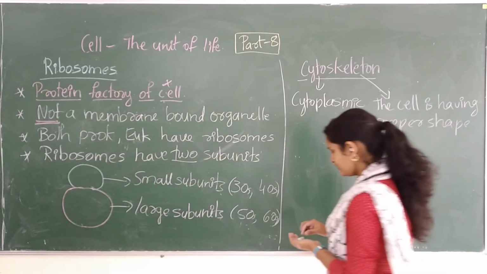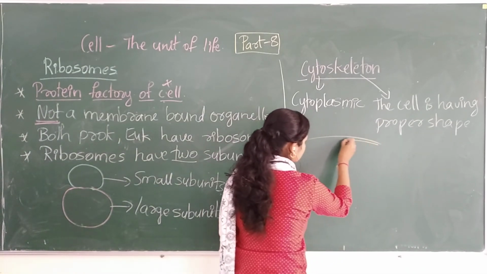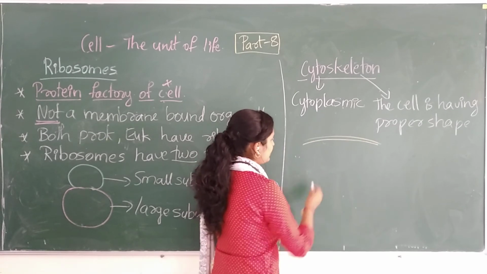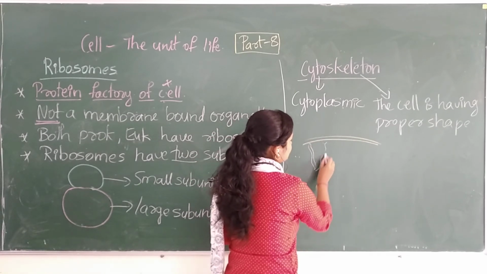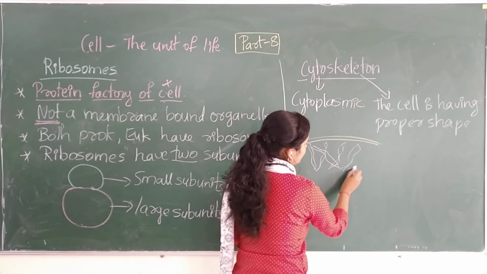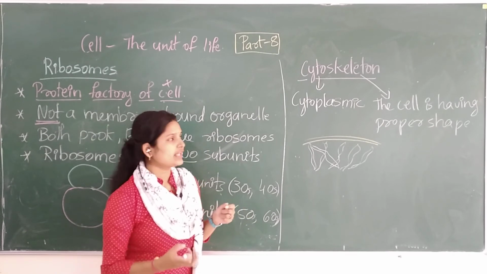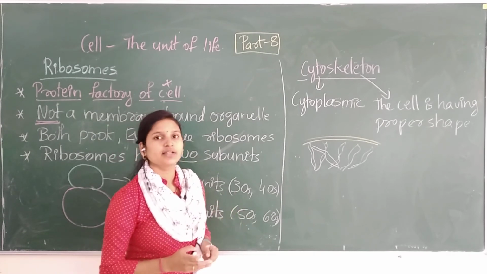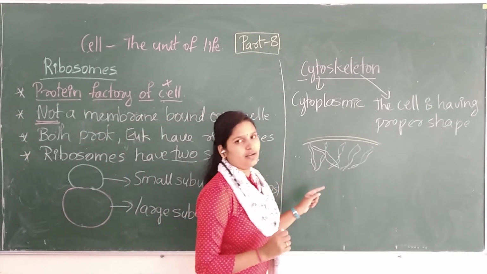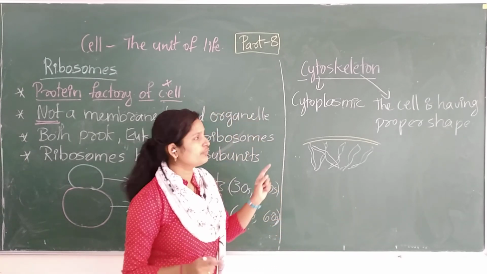If it is a cell, there will be a network-like structure which provides the proper structure so that the cell has a definite shape.